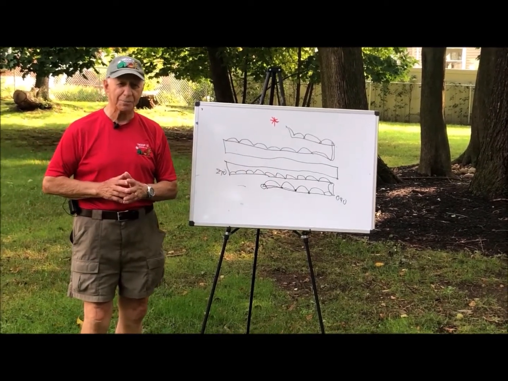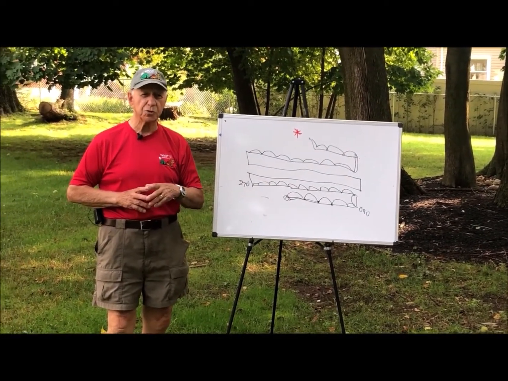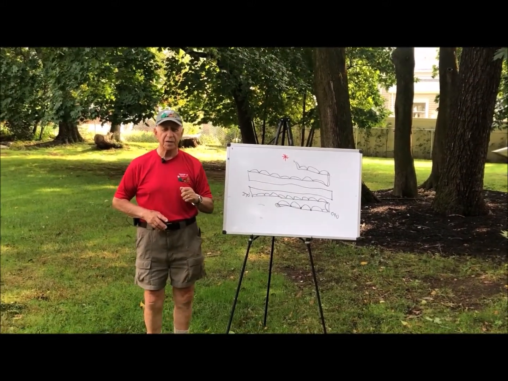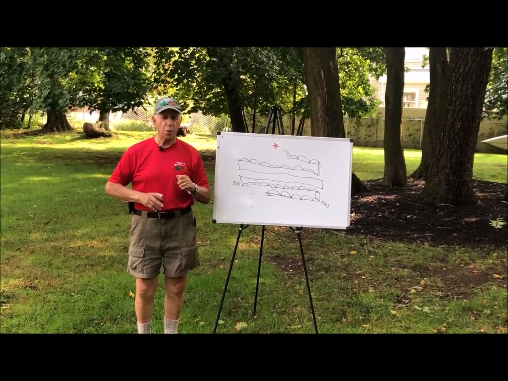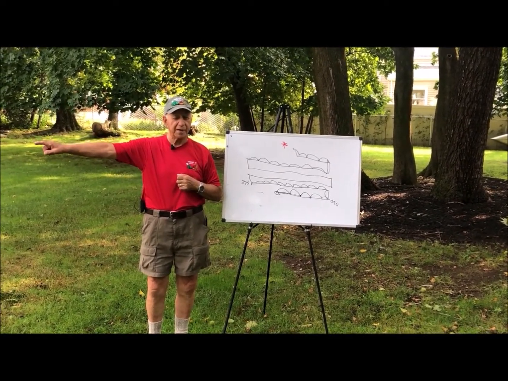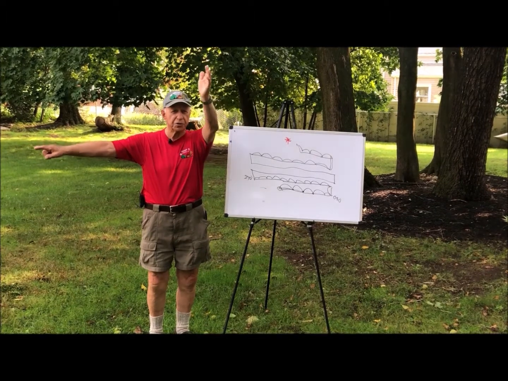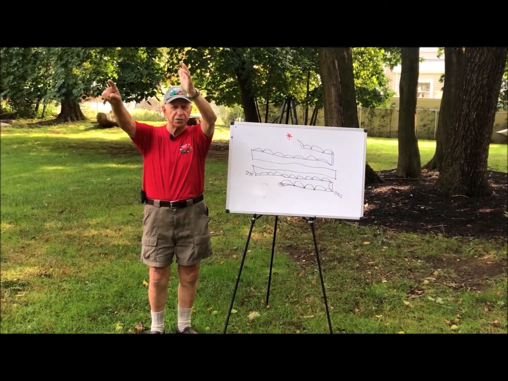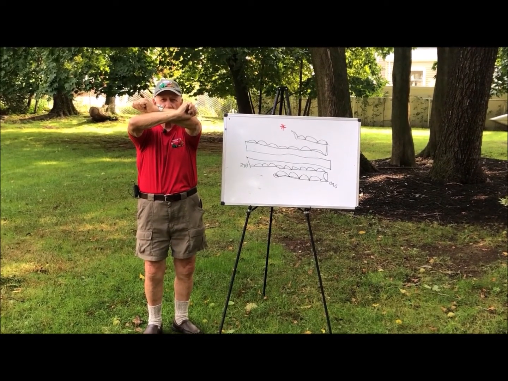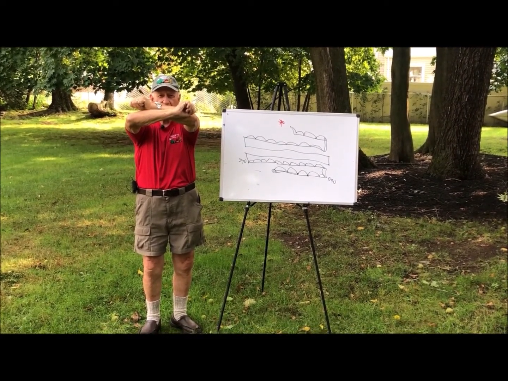When that scout stops, if he's, let's say, to the left of the bearing, you're going to be indicating that you want him to go to the right. So you're going to be pointing to the right. And as he gets closer to the center, and he gets on the bearing, he stops. At that point, he knows he's right on the bearing.